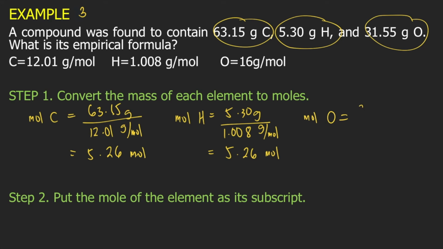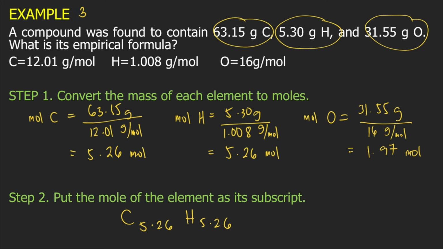And for oxygen, we are given 31.55 grams, divided by the molar mass of oxygen, 16 grams. That is equal to 1.97 moles. So we put the moles as their subscripts: C 5.26, H 5.26, and O 1.97.